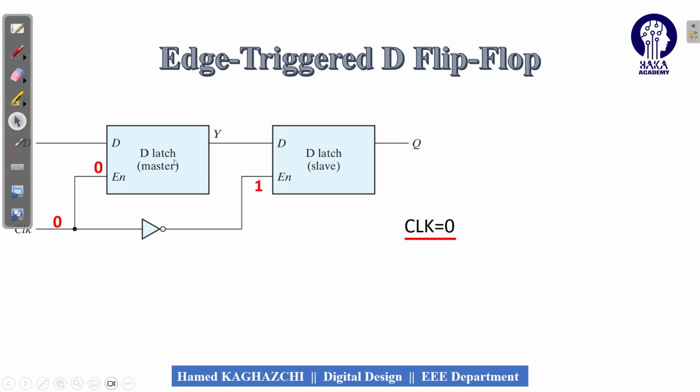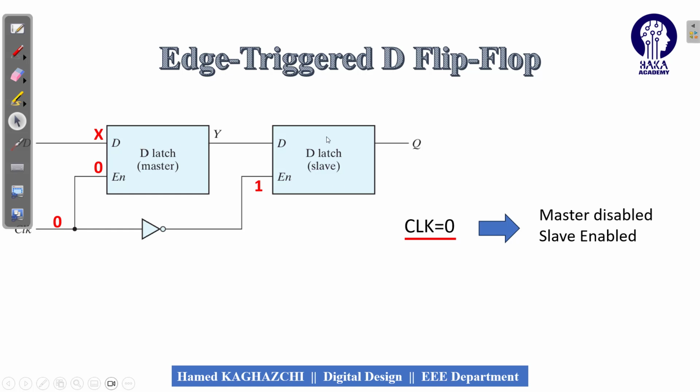Now, the first D latch is called the master, the next one is called the slave. Because the enable of the master is 0 and the enable of the slave is 1, we can say that the master is disabled, the slave is enabled. So what does it mean? It means that because this latch is disabled, it doesn't matter what the input D is, because this latch will not work.